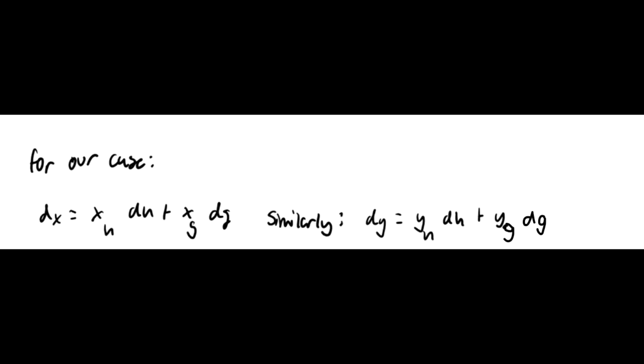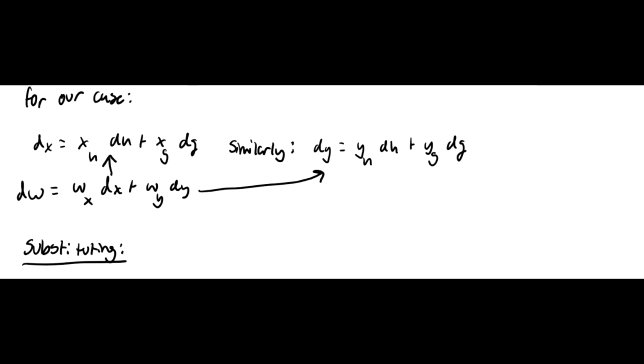Taking the total differential of y as well, so we can rewrite dy in the original formula in terms of h and g, we have dy equals partial y over partial h dh plus partial y over partial g dg.